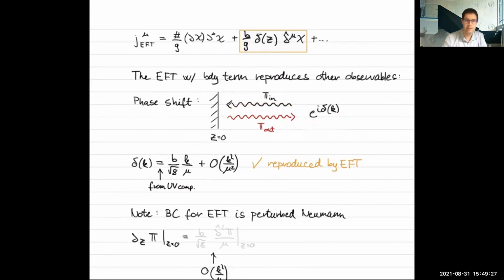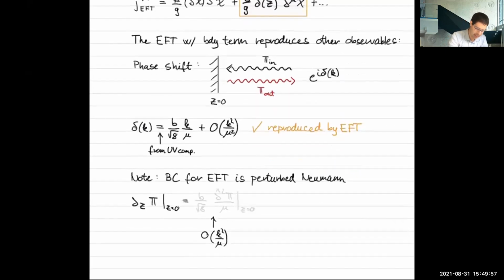You can compute it in the UV, you can compute it in the IR, and they both give the same answer. There's again this coefficient B, and then it's multiplied by K, the wave vector, divided by mu. So at low energies, this is controlled. It's a small number, and the UV and IR and EFT computations match.